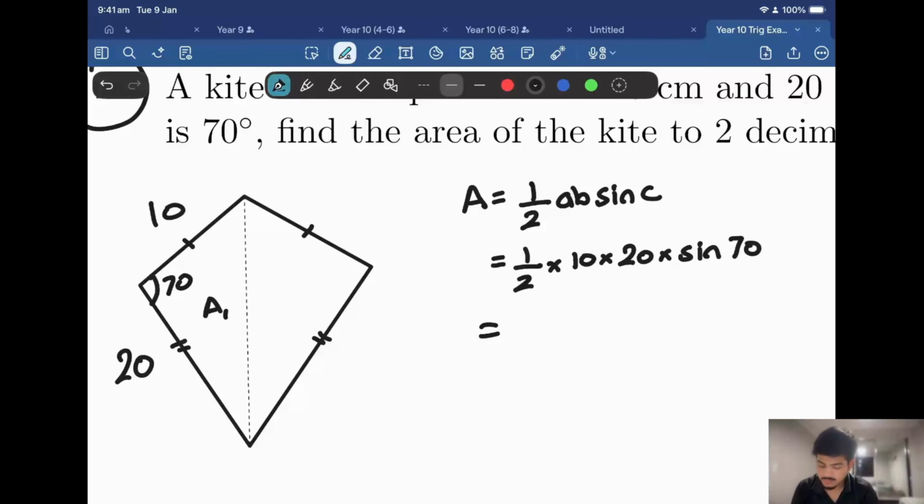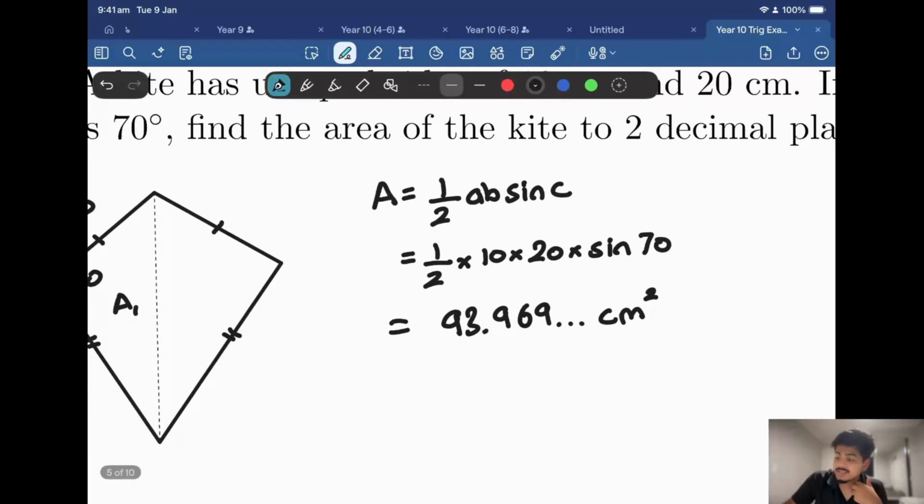That's 1 over 2 times 10 times 20 times sine 70, which is 93.969. I'm going to keep it at 3 decimal places for now, centimeters squared.